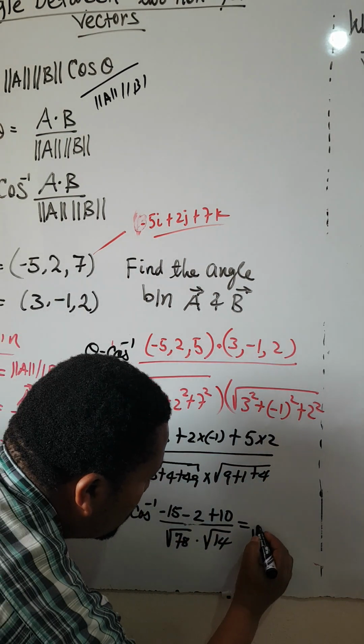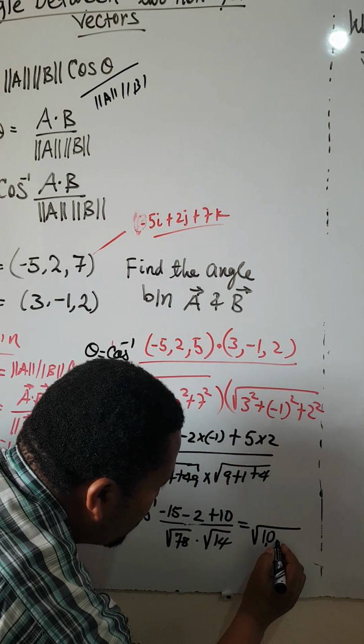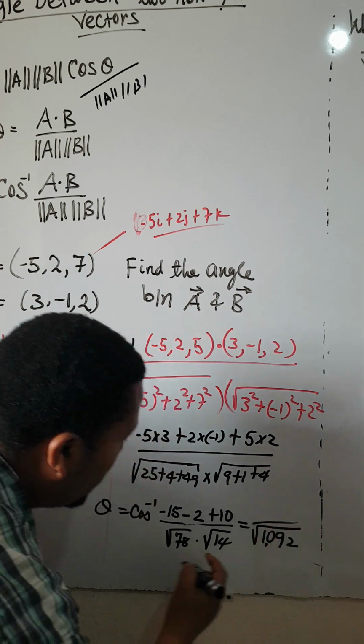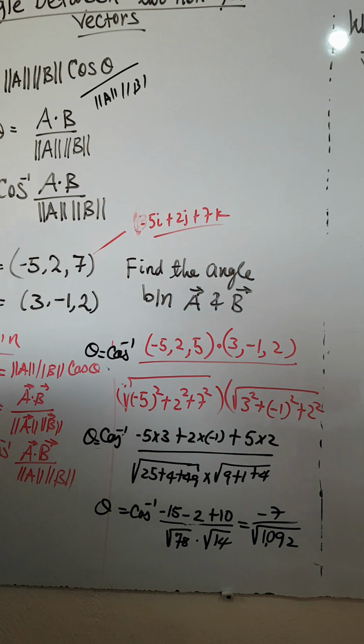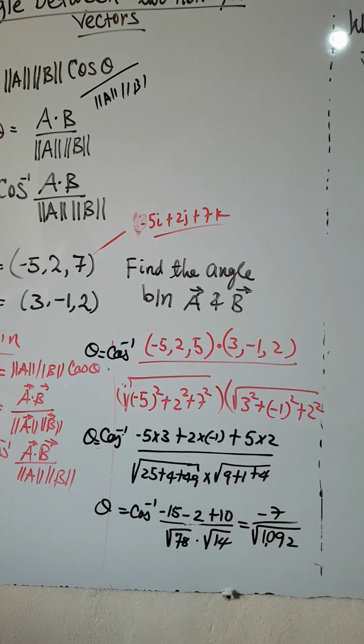This is equal to square root of 1,092. Here the numerator is negative 7.